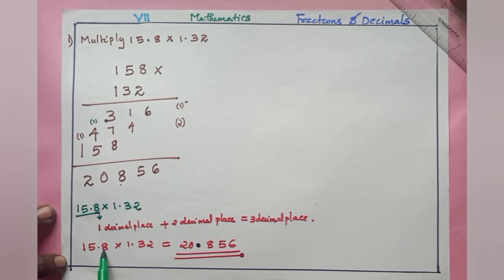Here the multiplicand has 1 decimal place, the multiplier has 2 decimal places. So in total 1 plus 2, 3 decimal places in the answer. Okay. Then listen to another question.